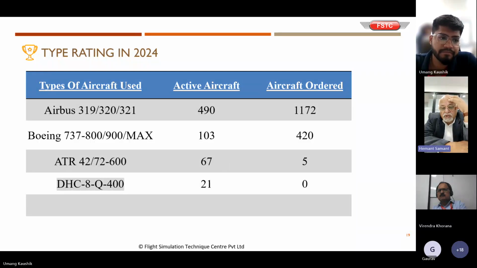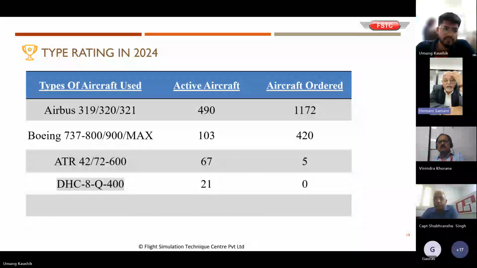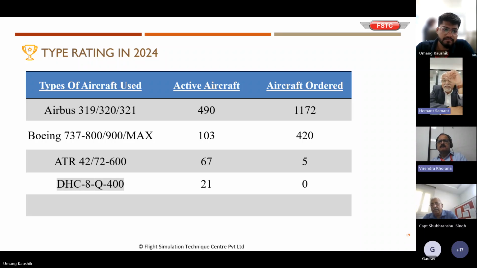Regarding money crunch, you do not think that airlines are going to give you things on a platter. They are going to ask for a training bond, which is over double the cost of type rating, and that training bond will remain for so many years till you serve it out, versus doing type rating and being available.